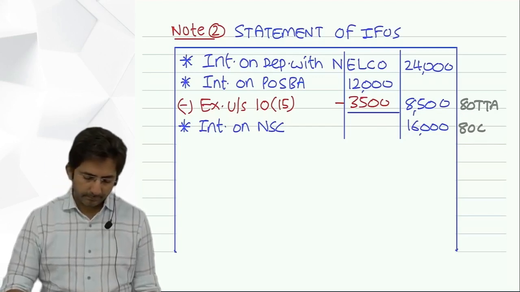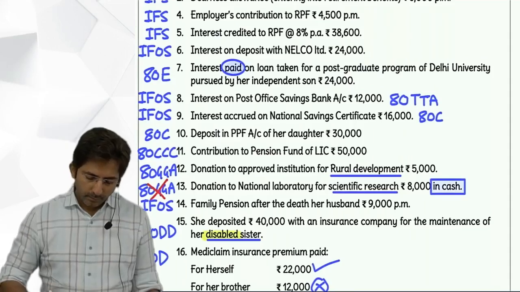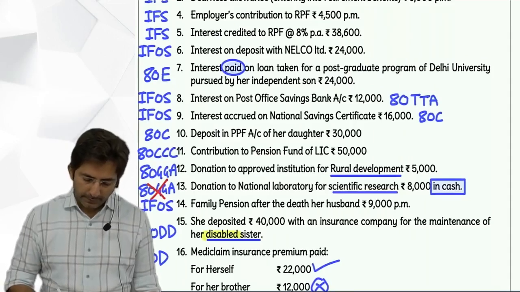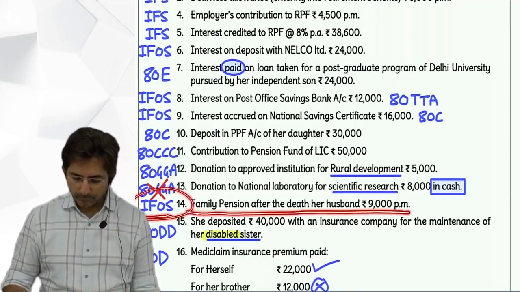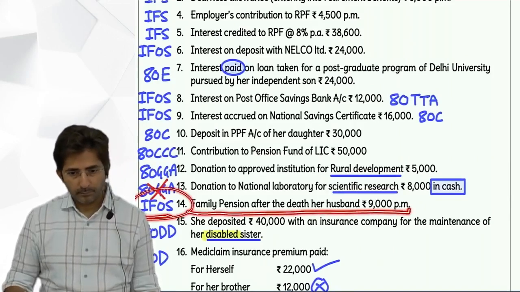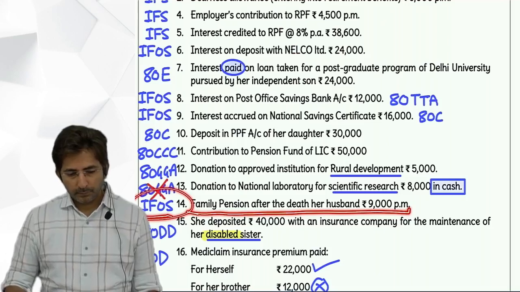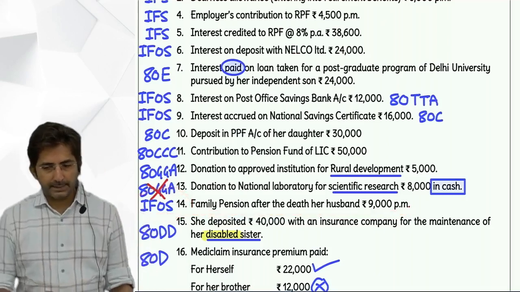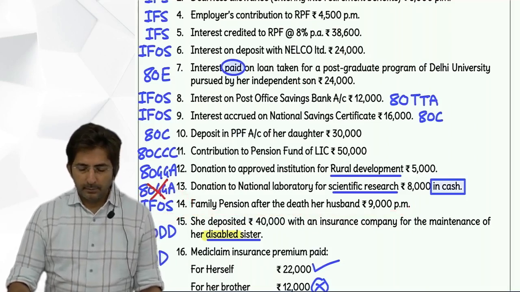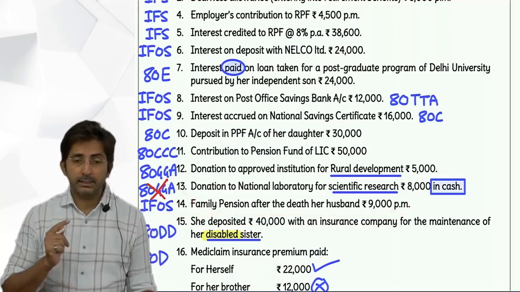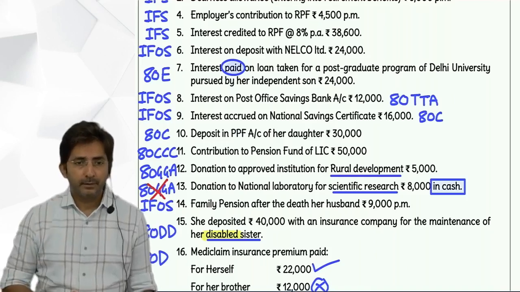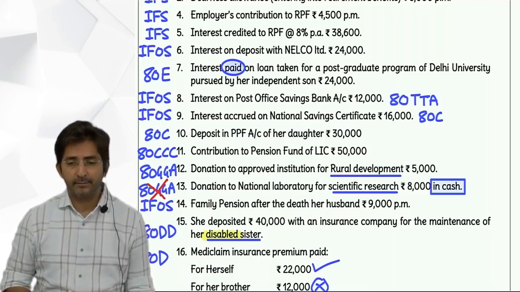Then in income from other sources we have family pension also. In family pension there is a standard deduction. But what will you write when you take the deduction? Deduction under section 57.